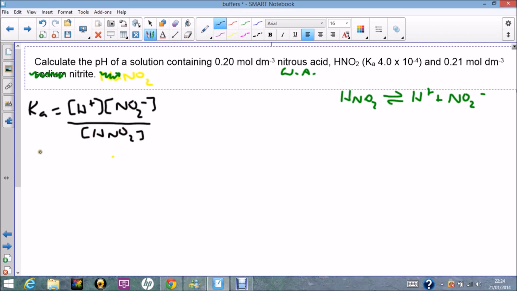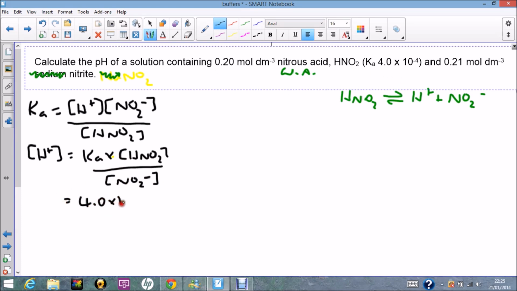We need to rearrange that to get H plus. And then we need to put the numbers in. So Ka is up there in the question. Concentration is also up here.